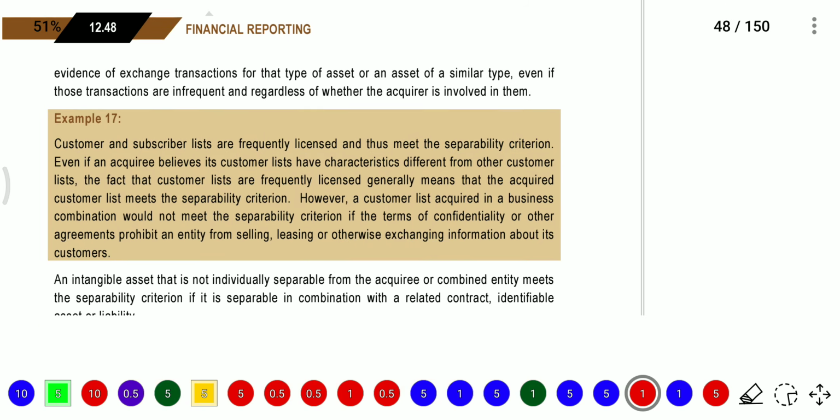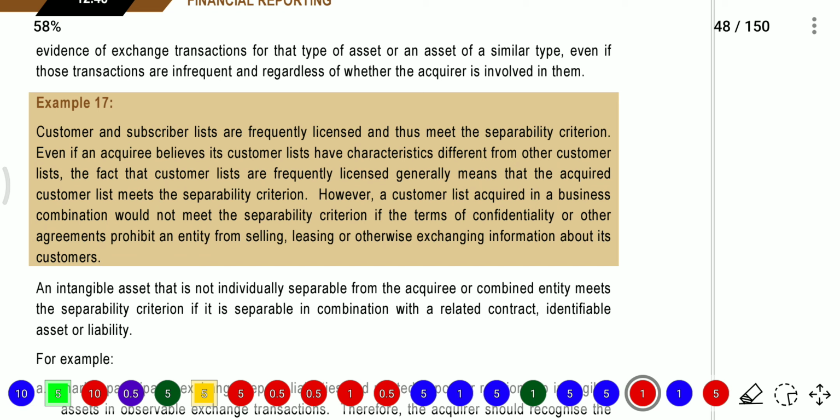For that, they provided one example: customer and subscriber lists are frequently licensed and thus meet the separability criterion, even if the acquiree believes its customer list has characteristics different from other customer lists.